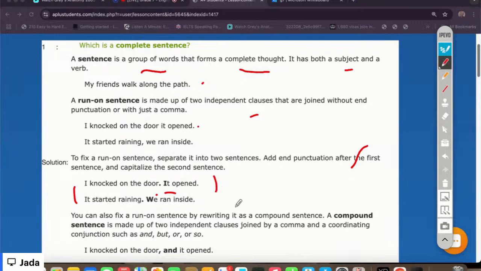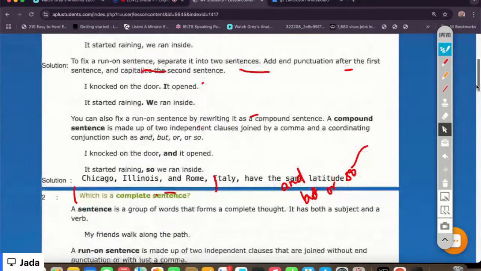You can also fix it by rewriting it as a compound sentence. Now, a compound sentence is made up of two independent clauses joined by a comma and a conjunction. All right, so you can fix it that way. You can either add and, but, or so. All right, so you can use that to fix the sentence with a comma.